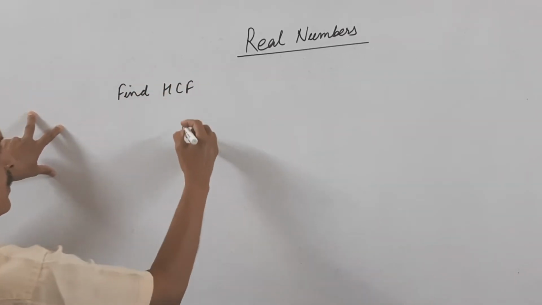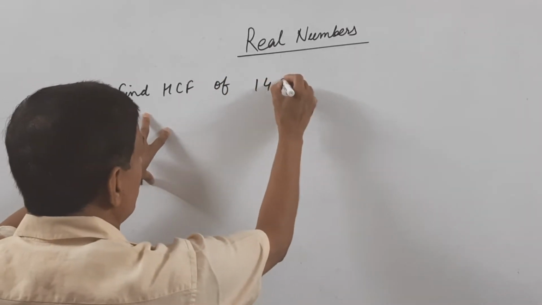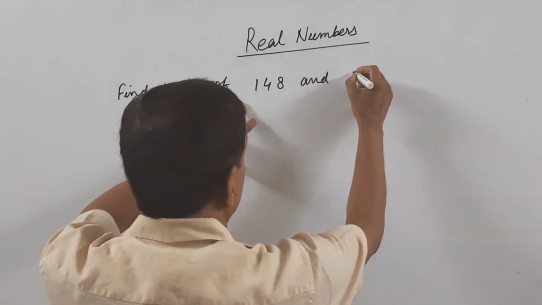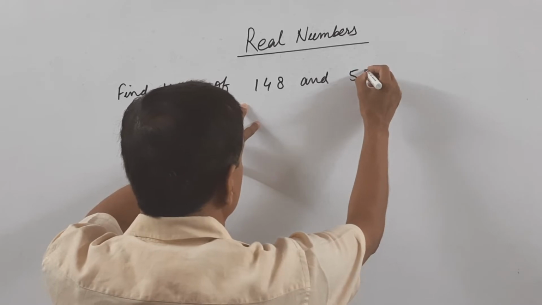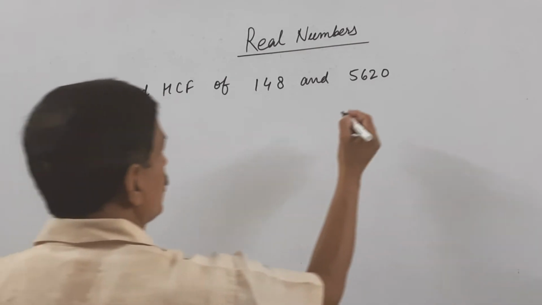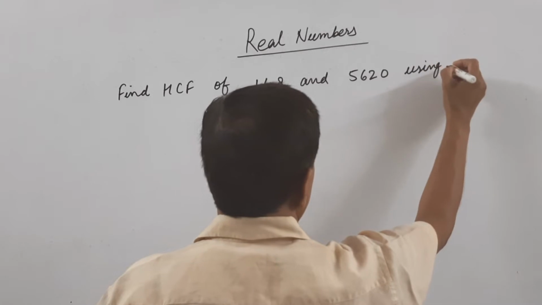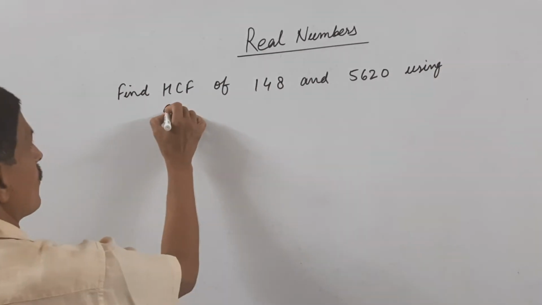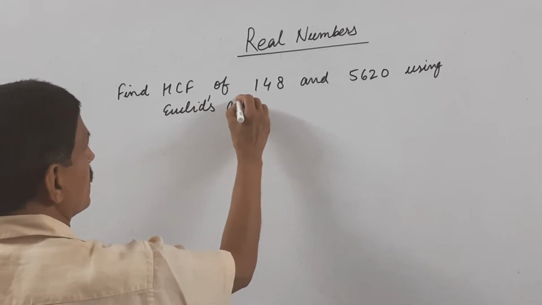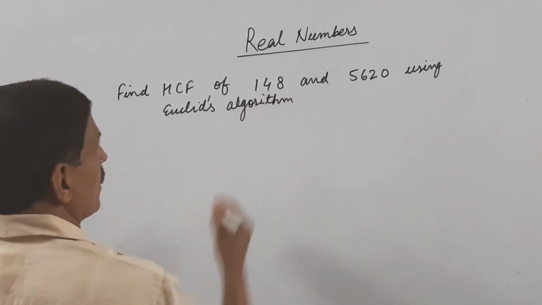Find HCF of 148 and 5620 using Euclid's algorithm.